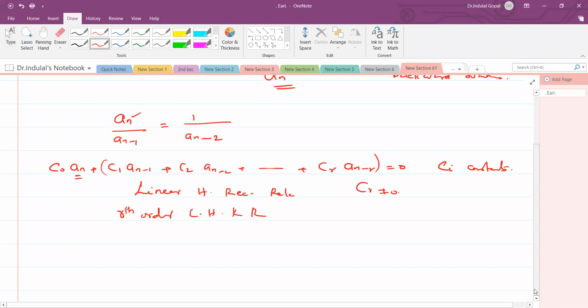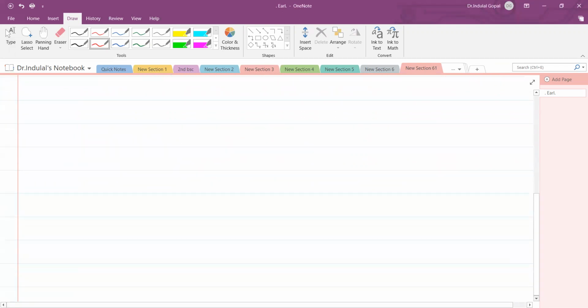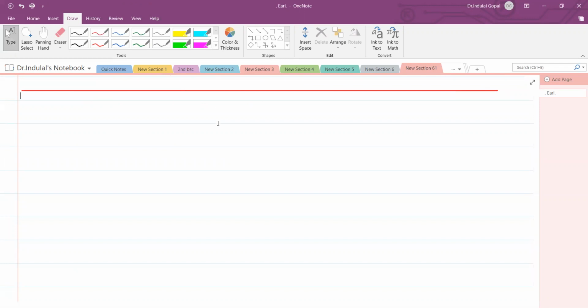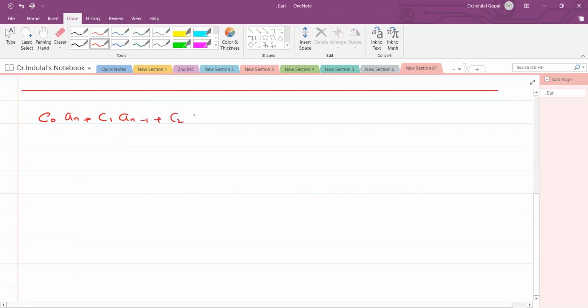So we follow these steps. Let c naught an plus c1 an minus 1 plus c2 an minus 2 plus etc. plus cr an minus r equal to 0 be the linear homogeneous recurrence relation.